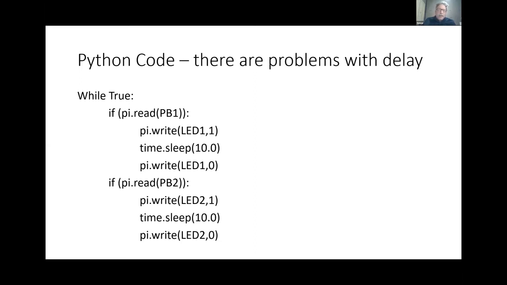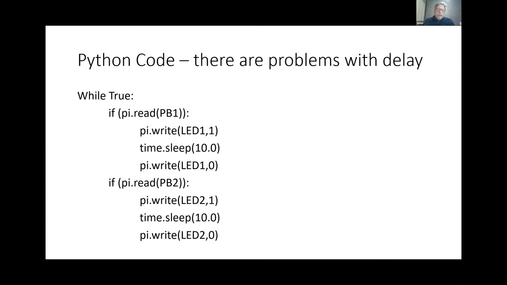Of course you can see there that with the time.sleep, as soon as you press the first button, LED1 comes on, but the whole program effectively freezes at that point, and it completely ignores button 2 until the first timer has timed out. So I can't get parallel processing with that sort of way of structuring the program.